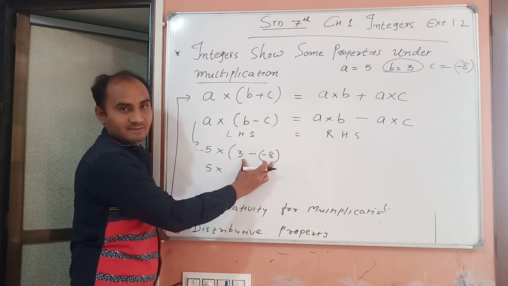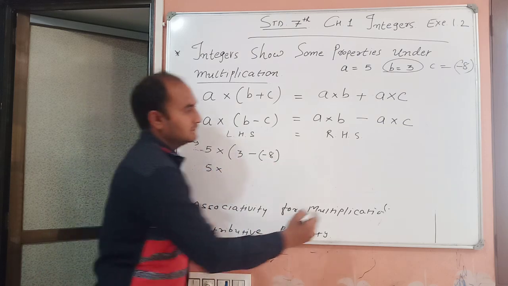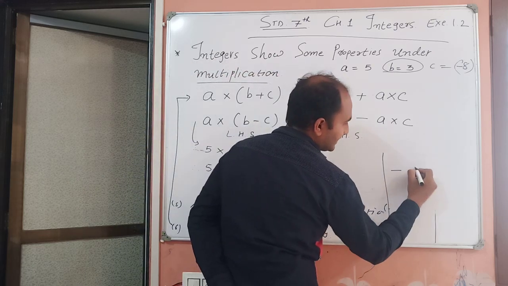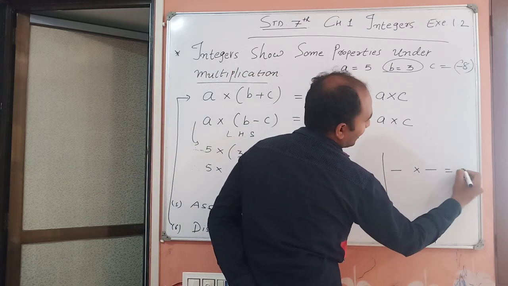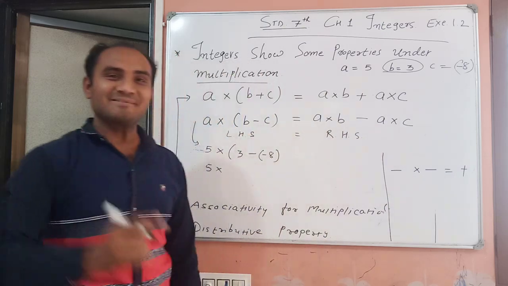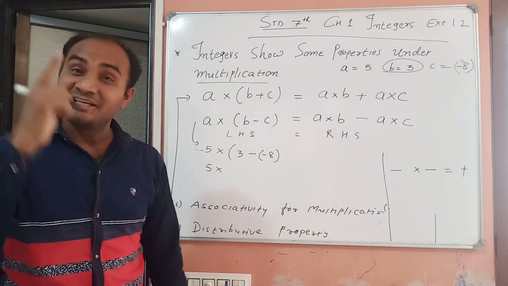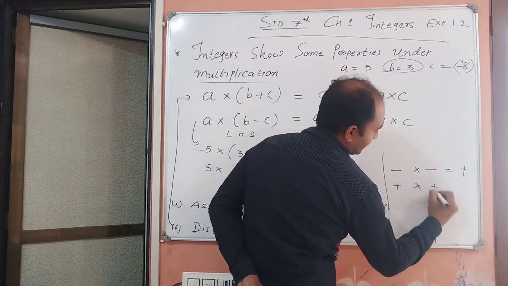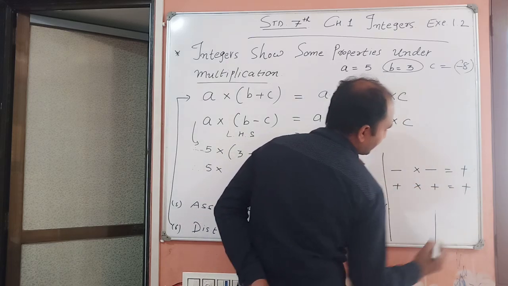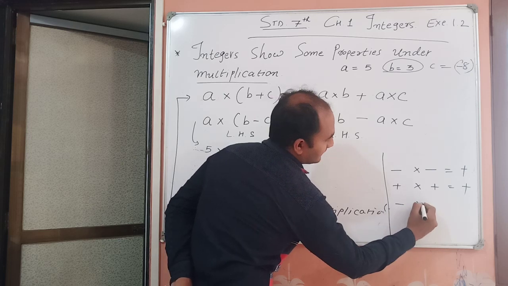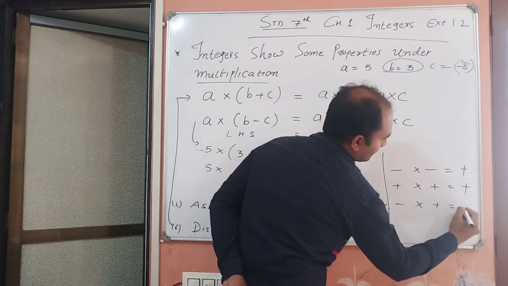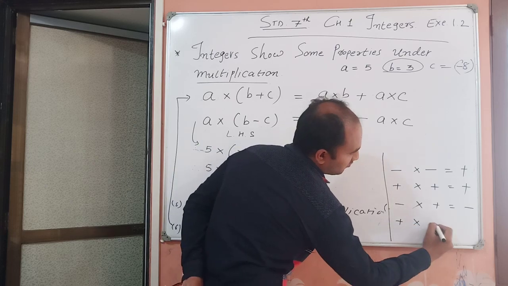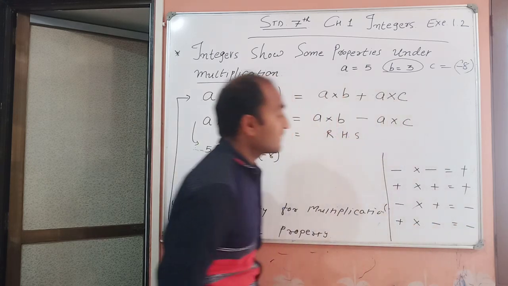Therefore, first we will solve this. As you know very well, in multiplication, minus into minus is always plus, plus into plus is always plus, minus into plus is always minus, and plus into minus is always minus.